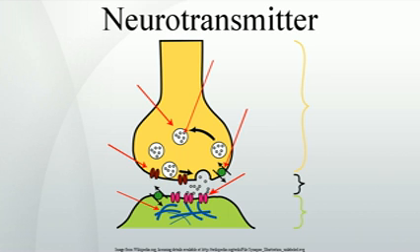Degradation and elimination. A neurotransmitter must be broken down once it reaches the postsynaptic cell to prevent further excitatory or inhibitory signal transduction. For example, acetylcholine, ACh, an excitatory neurotransmitter, is broken down by acetylcholinesterase, AChE.